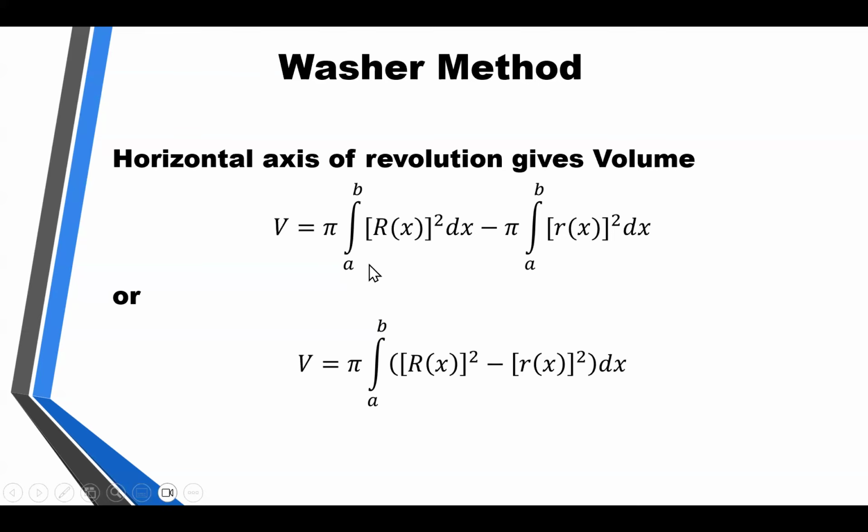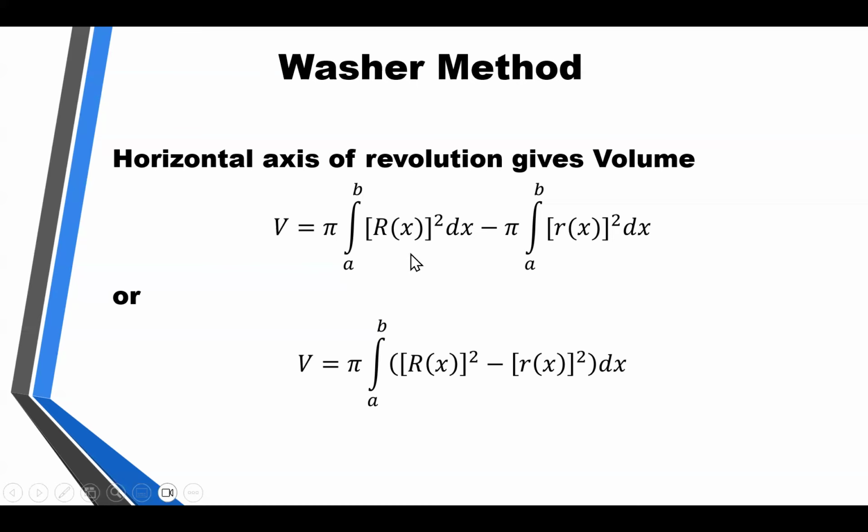If you do this and you have the same bounds, A to B, then you can actually combine it into one big integration, although it looks fairly messy. So I tend to just say disk method minus disk method. I write these things in my calculator, and then it becomes pretty easy.